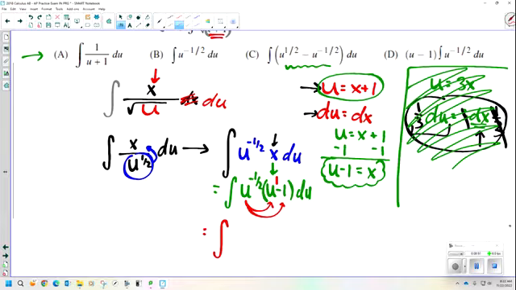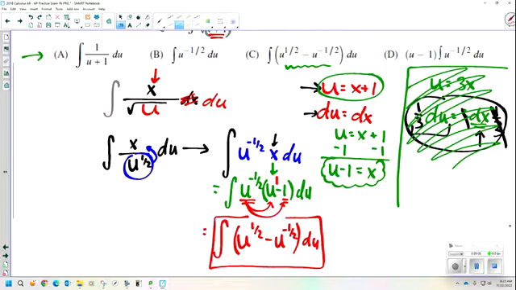If I have a negative 1/2 and I add 1, I get a positive 1/2. Minus 1 times anything is itself. And if I want, I can put these in parentheses. This is my overall answer. And that definitely is choice C.